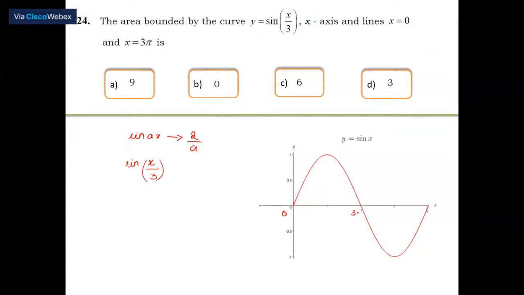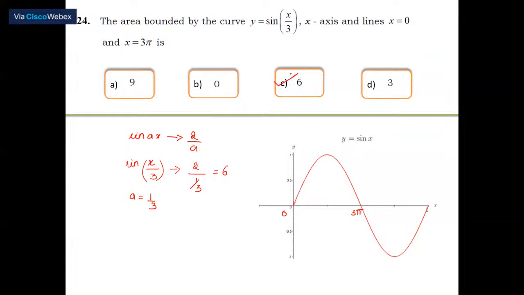So when x varies from 0 to 3 pi, it is nothing but the area of one complete arc below this curve sine x by 3. So here in place of a, it is 1 by 3. Therefore, the required area is 2 by 1 by 3, which is equal to 6. So the correct option is C.